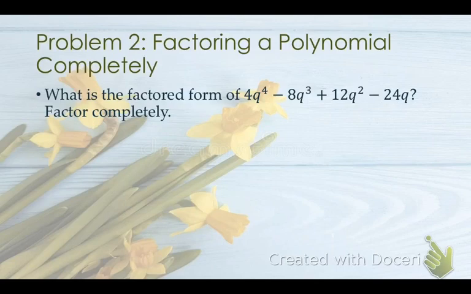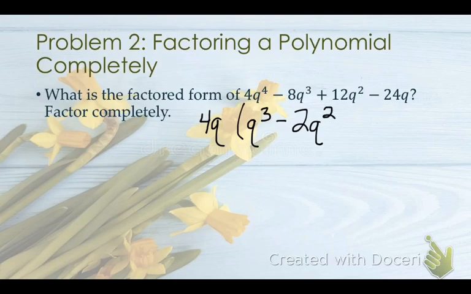So I can actually start off by factoring out 4q at the very beginning. I end up with 4q times q to the 3rd minus 2q squared plus 3q minus 6.